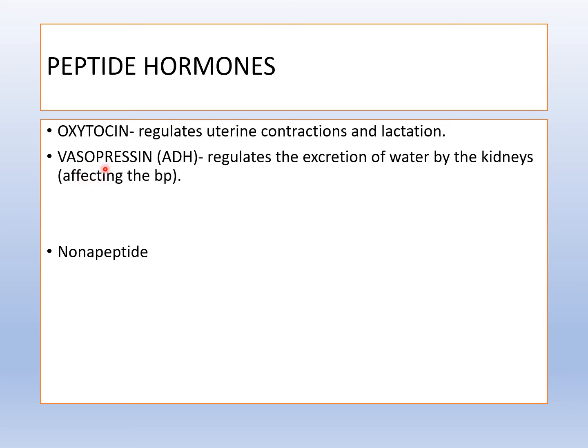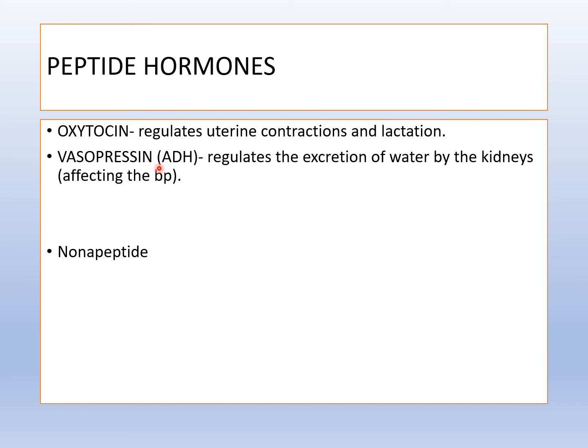For the vasopressin, ADH, all of us have this hormone. Antidiuretic hormone means this is the hormone that we need in order to not lose so much water through urination.